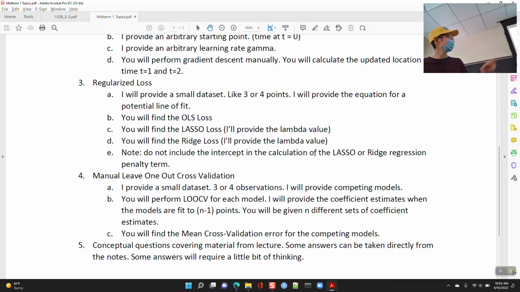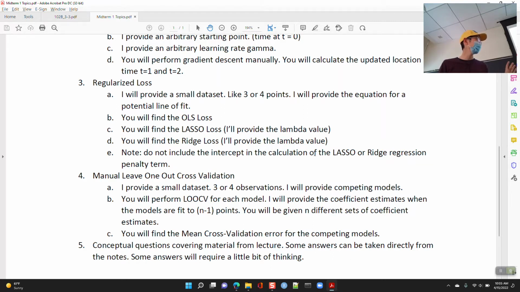And then we've got manual leave one out cross-validation. So again, here I'll provide a small data set, maybe 3 or 4 observations, along with maybe 2 competing models, and you're going to perform leave one out cross-validation for each model. I'll provide the coefficient estimates for each model.